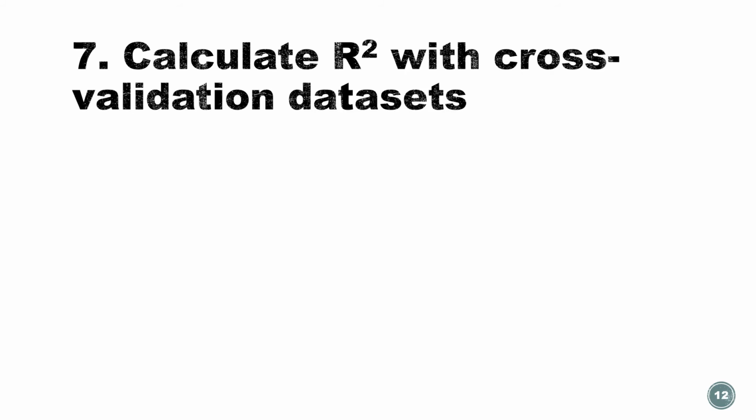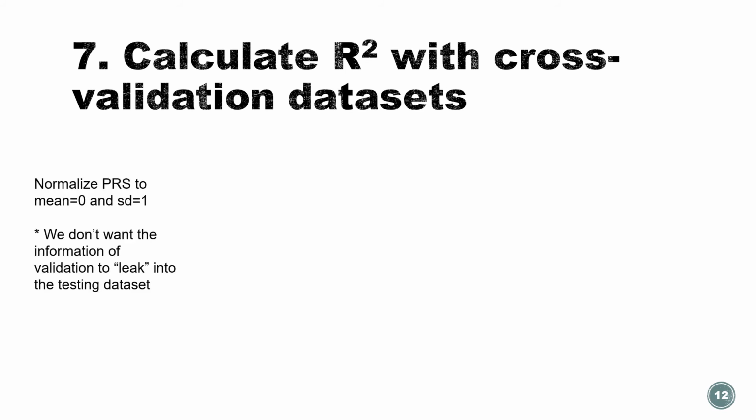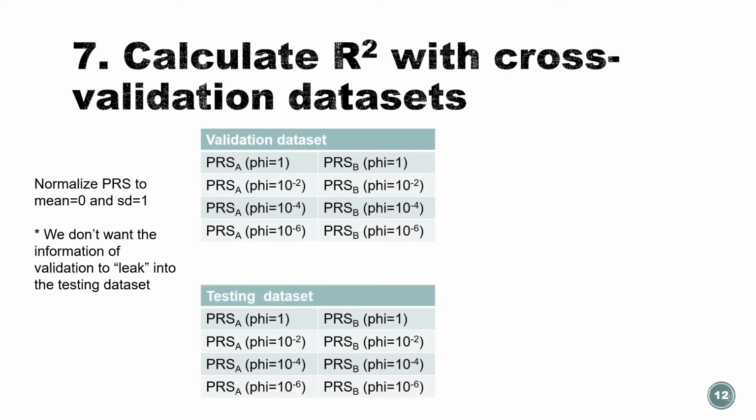The last step is to predict the phenotype with the PRS. First, you normalize all the PRS to mean equals 0 and standard deviation equals 1. Then you optimize the hyperparameter in validation data.